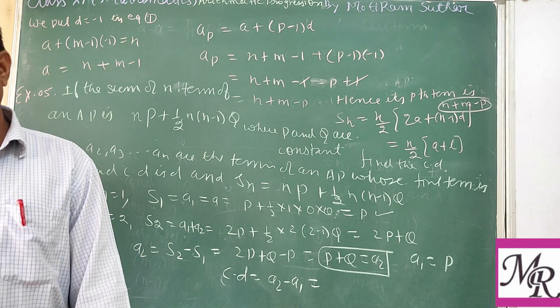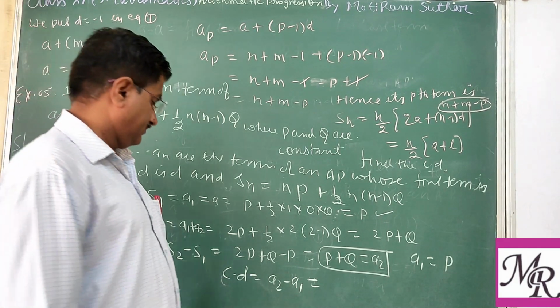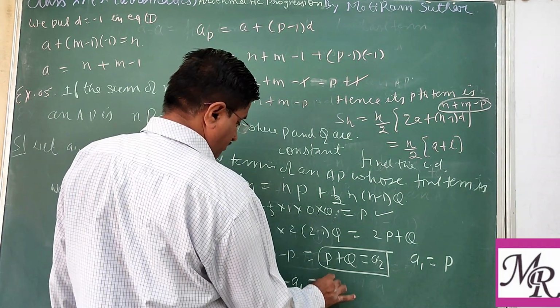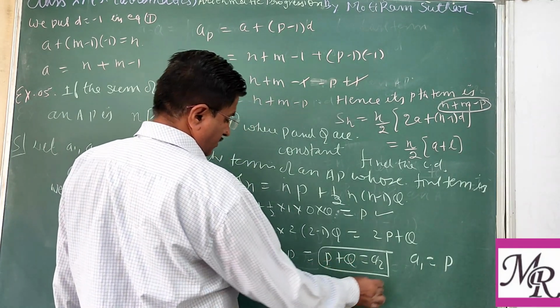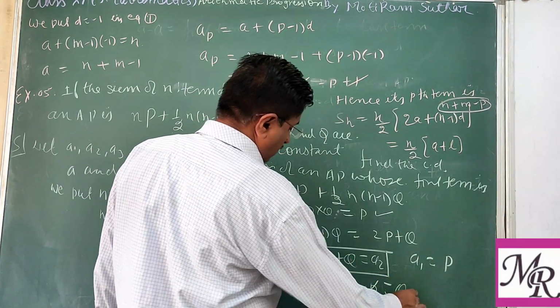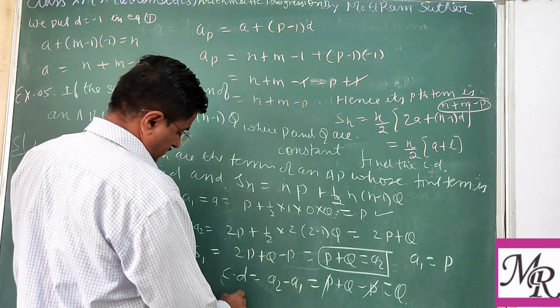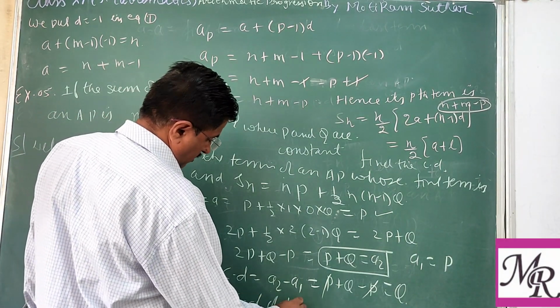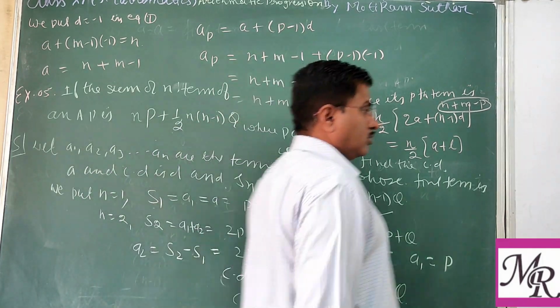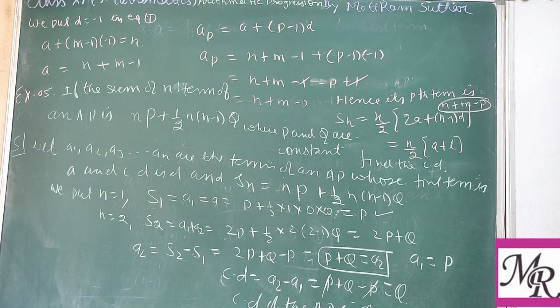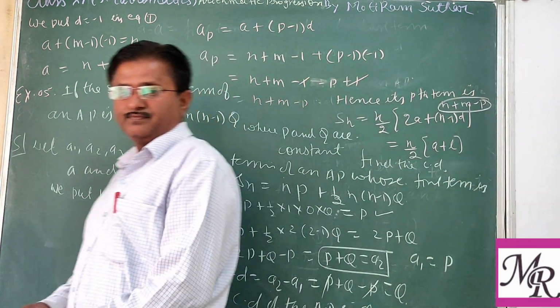So second term minus first term: P plus Q minus P. So the common difference of the AP is Q. So for this example, the common difference of the AP is Q. So you may write down this one.